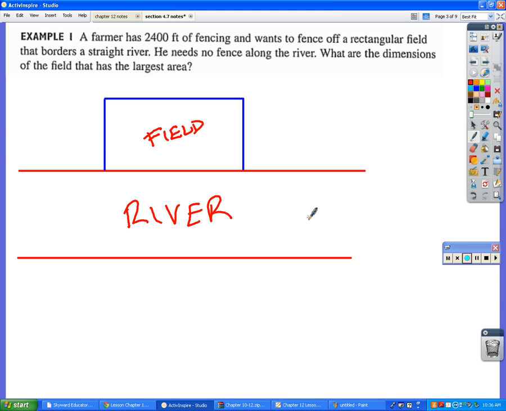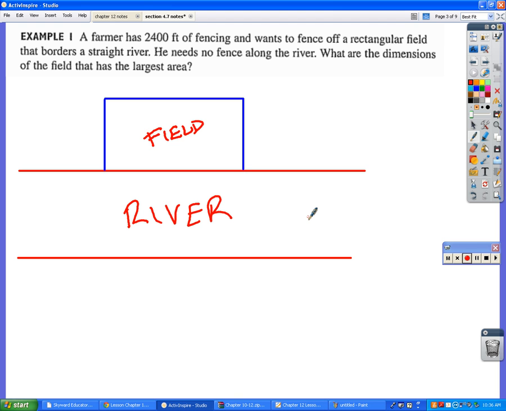So you don't need to point out to me that rivers aren't usually straight, or that farmers don't usually use calculus to fence their fields. I get that. They're just trying to give you a little bit of a taste.